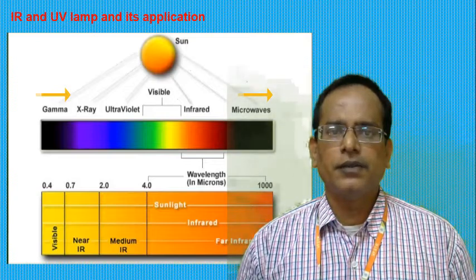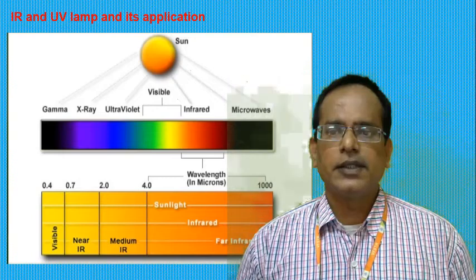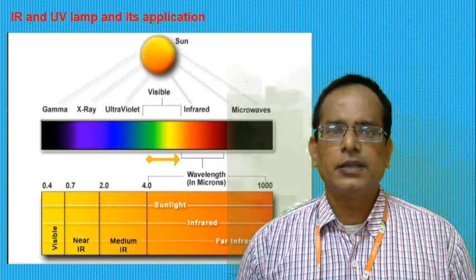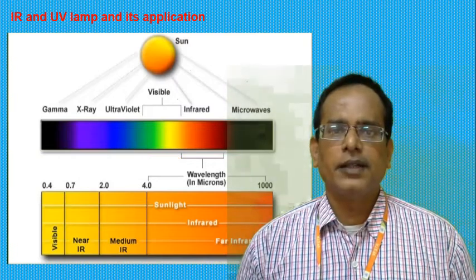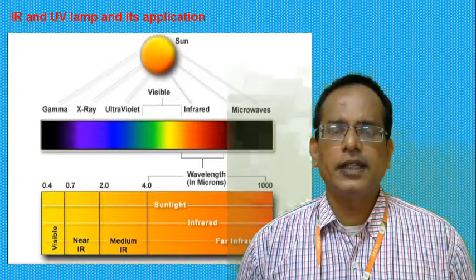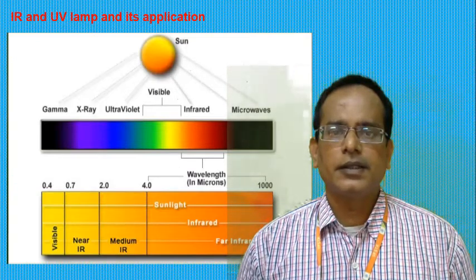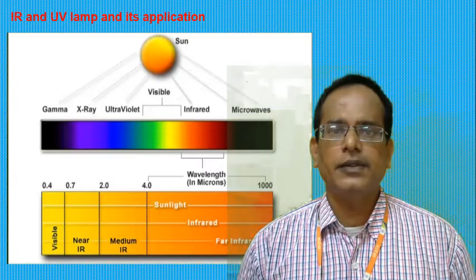We know that visible light has 7 colors, that is VIBGYOR. Everything is related to wavelength. The range of color from red to violet can be identified with the help of our naked eye.